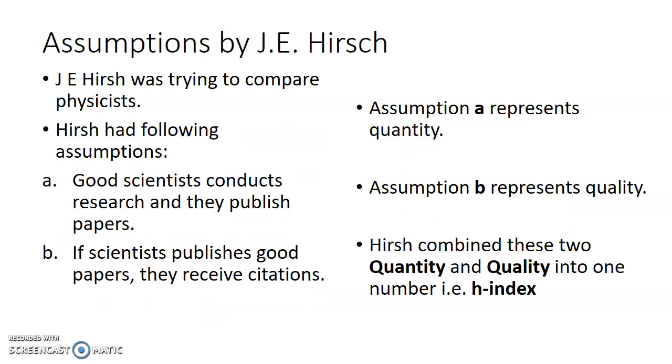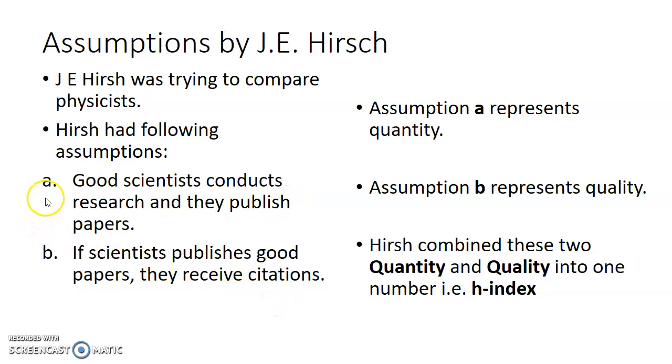Before introducing the H-index, Hirsch made two assumptions. Assumption A was that a good scientist conducts research and publishes papers, and if those papers are of good quality, then they will receive citations. That means publication and citation both were included here.